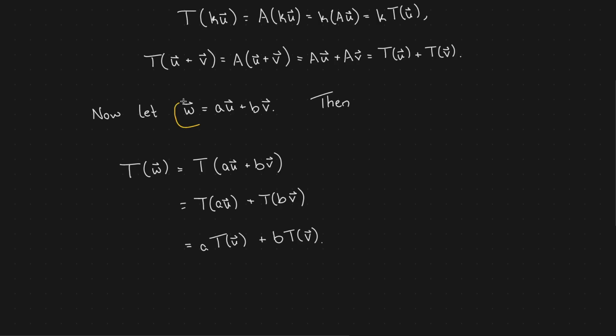If w is a linear combination of vectors u and v, then the transformation of w is a linear combination of the transformation of u and the transformation of v. And the coefficients for the transformation are the same.